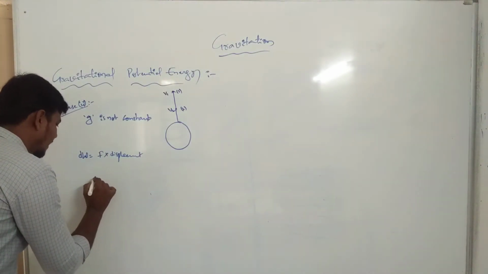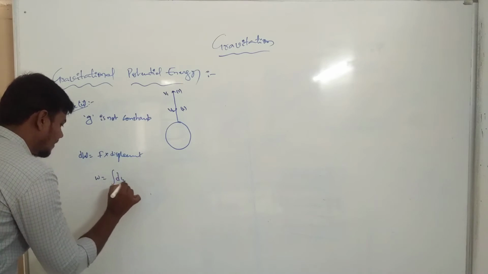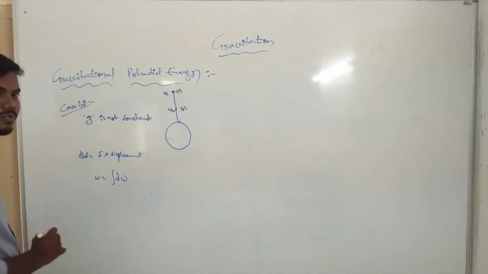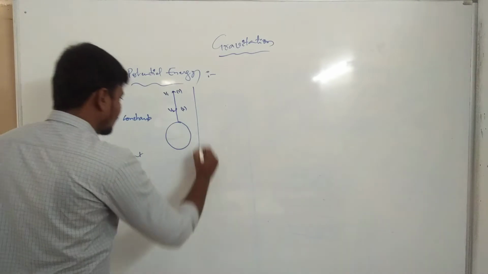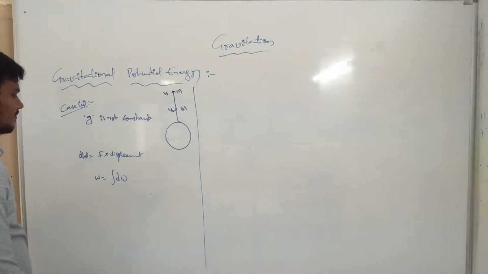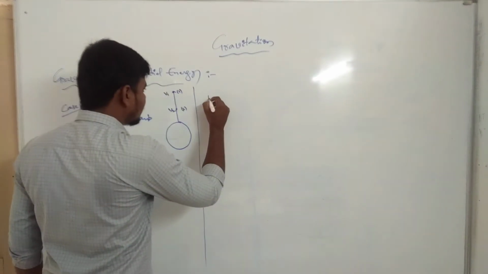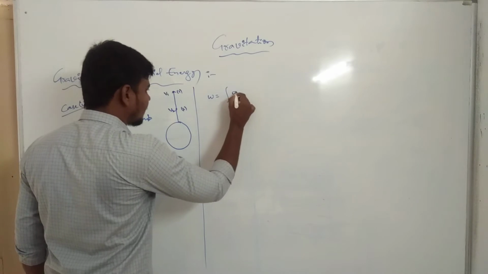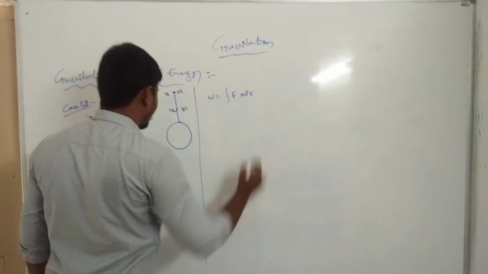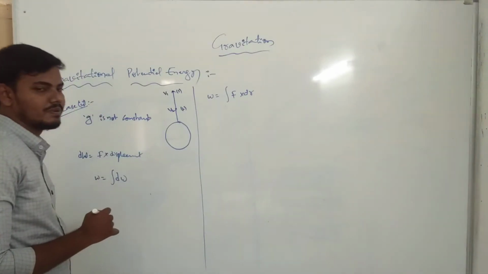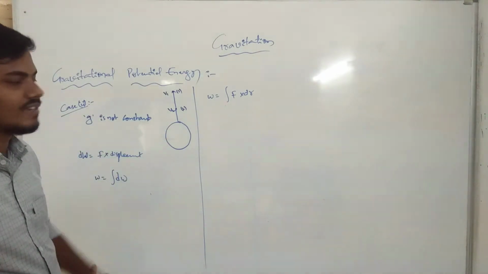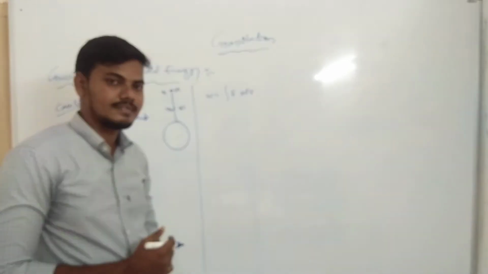Now W is equal to integration of dW. So W is equal to integration of F into dr. Dr means the displacement part we can introduce at this surface point.